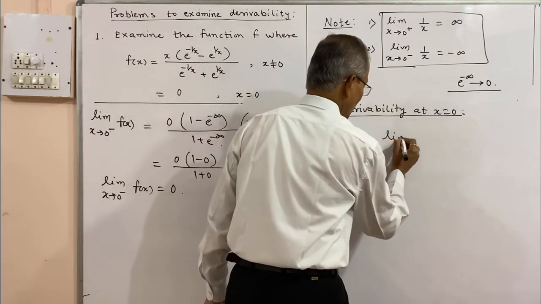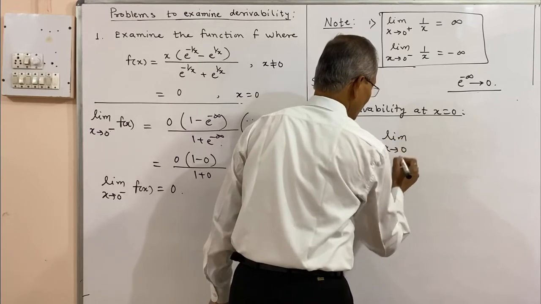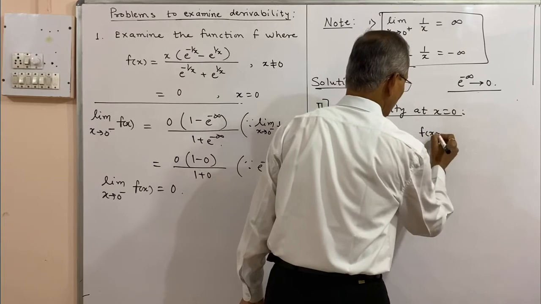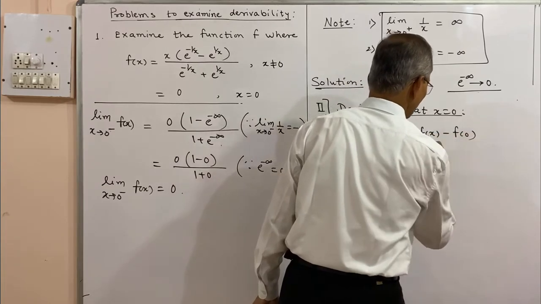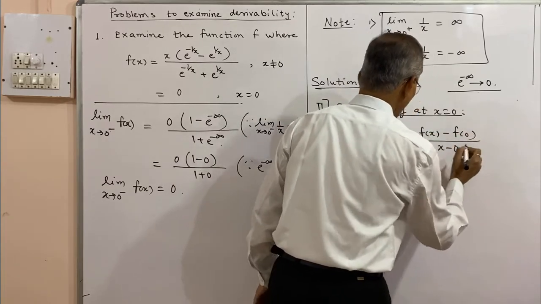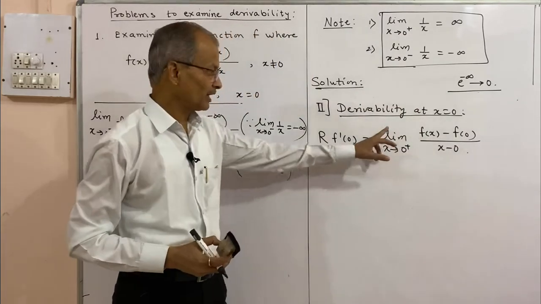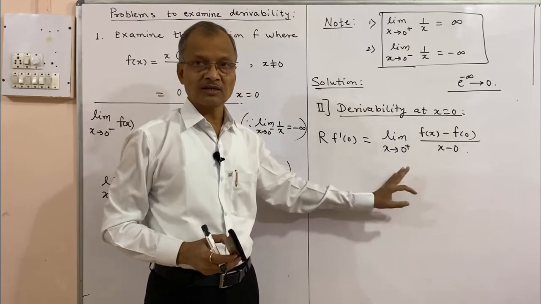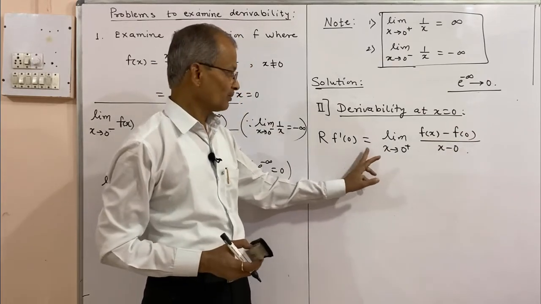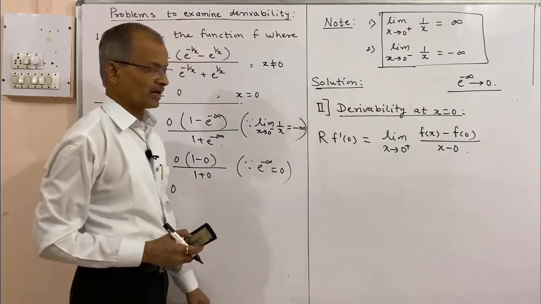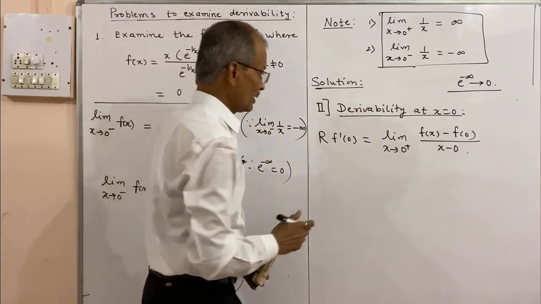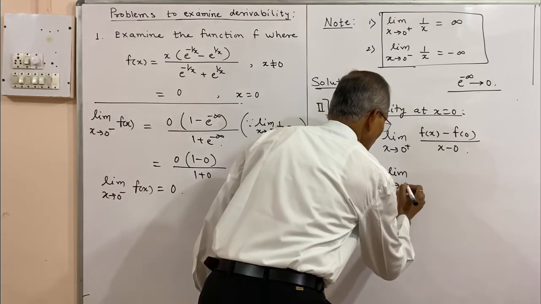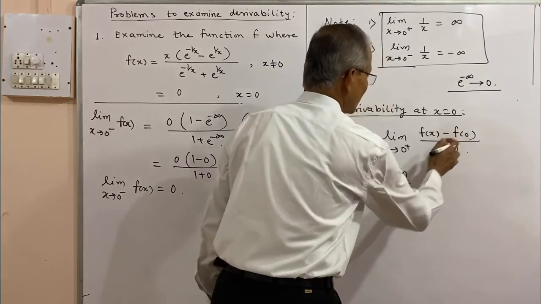limit x tends to 0 from right, f x minus f 0 divided by x minus 0. R f dash c we have defined as limit x tends to c, f x minus f c divided by x minus c. C here is 0, and therefore this is the definition for the right hand derivative at 0, and that is limit x tends to 0 from right, f x minus f 0.